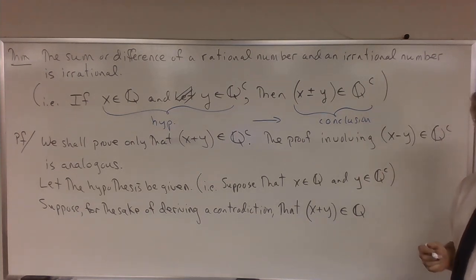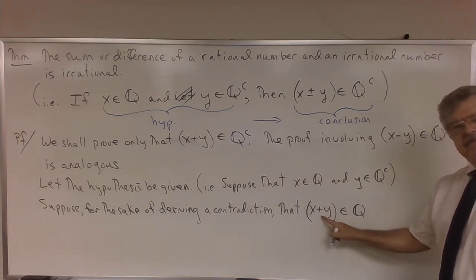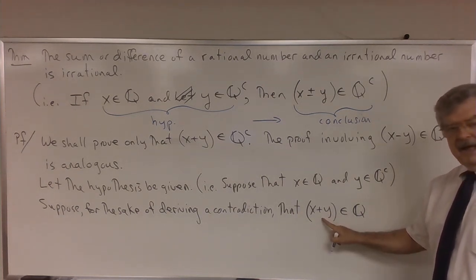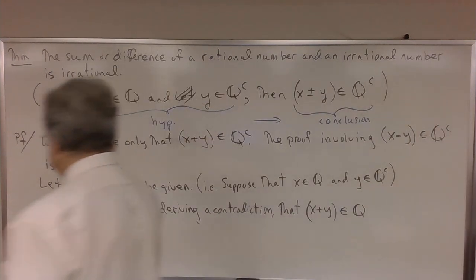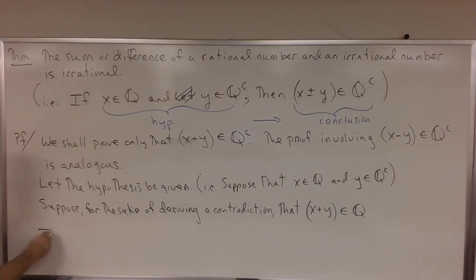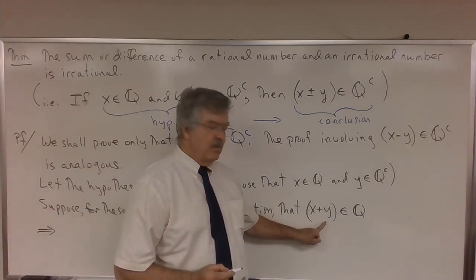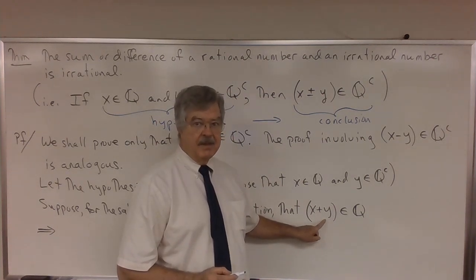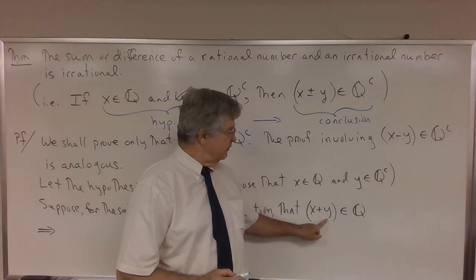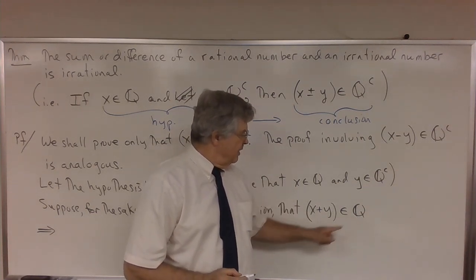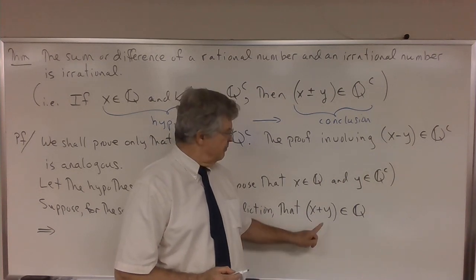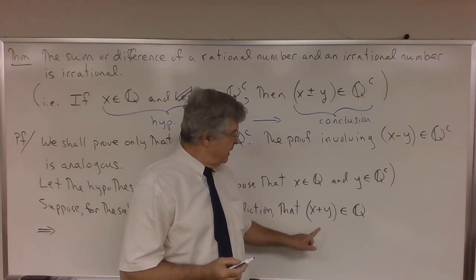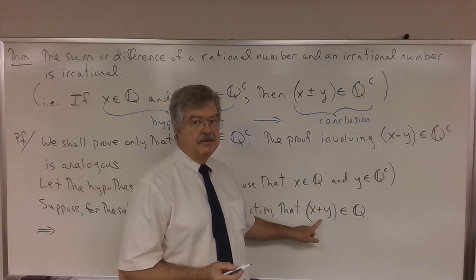And I still don't know what to do. So I'll give this real number a name. As a matter of fact, I'm assuming more than that this is a real number. I'm assuming that this is rational, isn't it? So if I'm assuming that x plus y is rational, then there has to be some rational number z, for example, such that x plus y equals z.